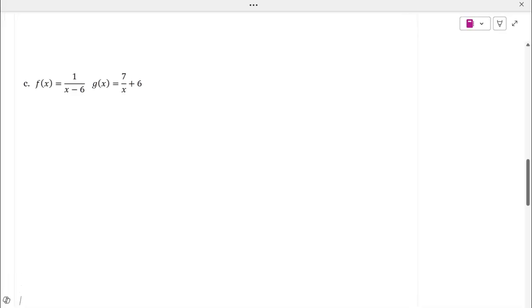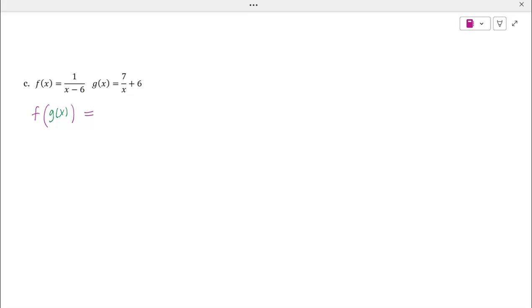All right, let's start with f of g of x. So this whole function is going to be plugged in for x here. So we're going to get some crazy complex fractions in this with some simplification that we're going to need to do.